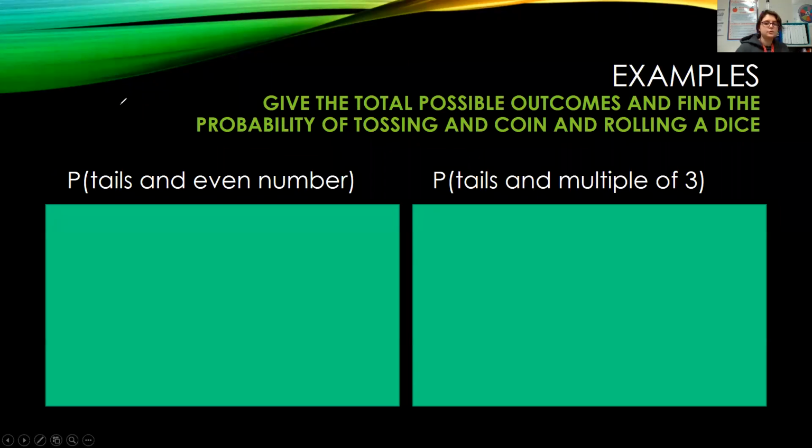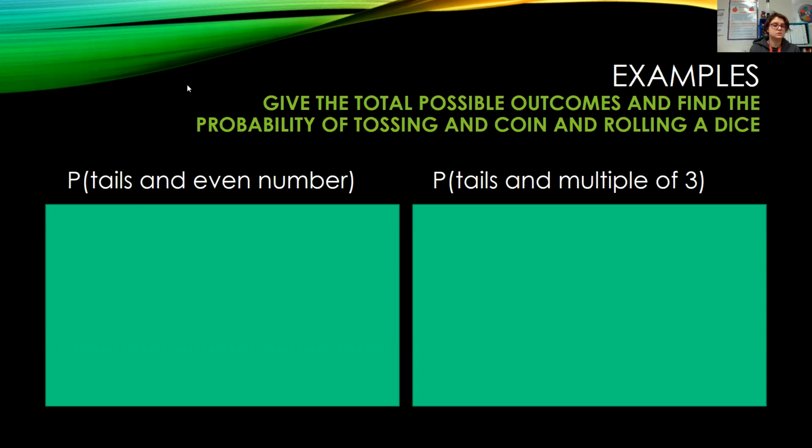We want to give the total possible outcomes using our fundamental counting principle and find the probability from tossing a coin and rolling a dice. Let's look at this first one, the probability of getting tails and an even number.